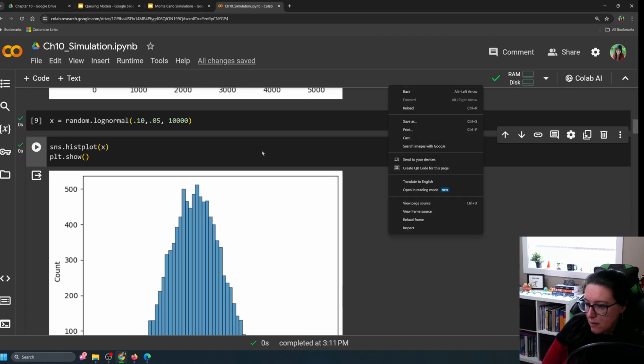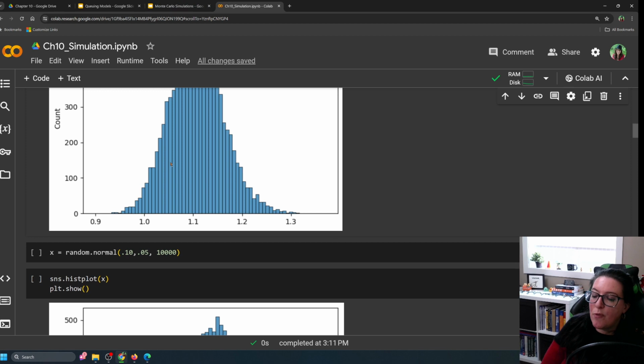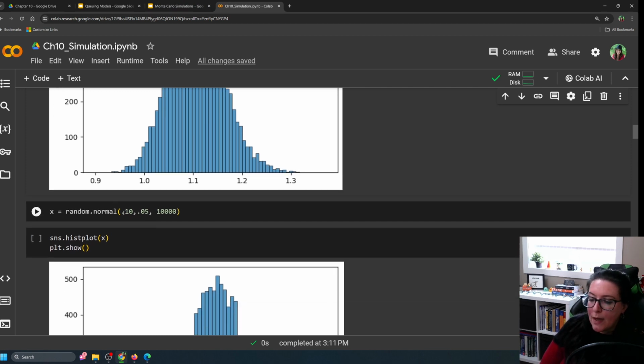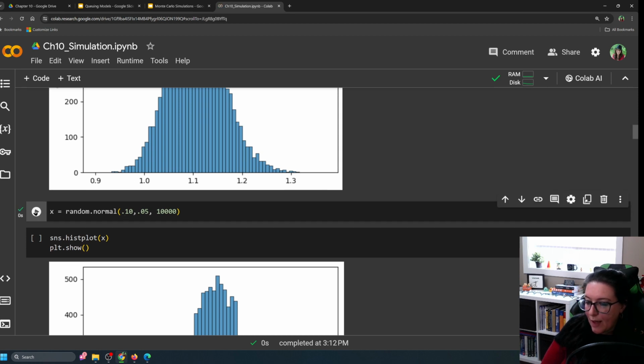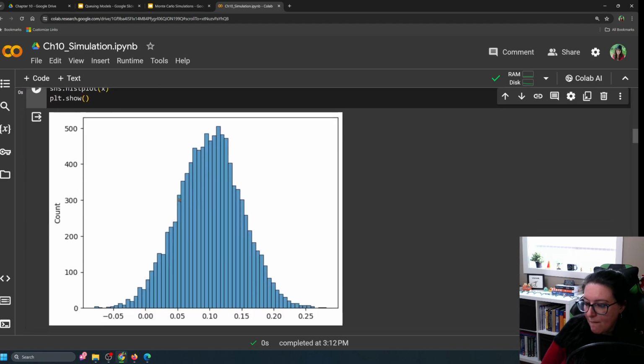All right, next one here. Just before we do that, just a comparison, if you try to do a normal distribution with percentages, so if you just do normal instead of log normal, then what we get here is the average of 10% and the 5% when we do that. Okay.